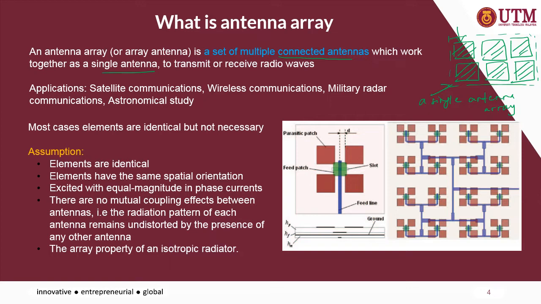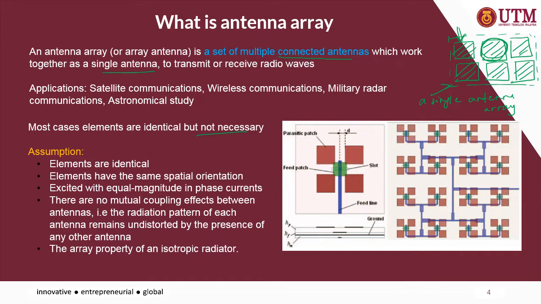Okay, and in most cases the elements are identical, but it is not necessary. For example, if we use a simple microstrip patch, we can have the second element also as a microstrip patch, and it can also be a different patch, a circular patch for example, and then the elements are repeated again and again up to the targeted antenna performance.